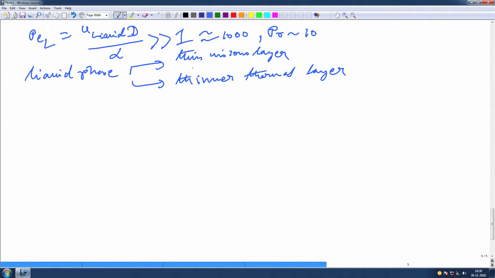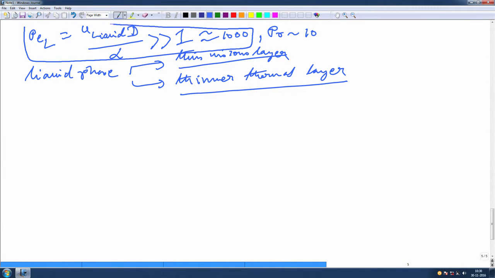So, thin viscous layer and thinner thermal layer. Now, the Peclet number as I said is of the order of 1000. So, the liquid flow velocity plays a major role and the Prandtl number is of the order of 10. So, the thinner thermal layer comes because of this Prandtl number, and the thin viscous layer comes because the Peclet number value is high.